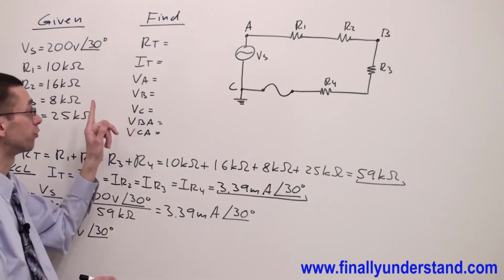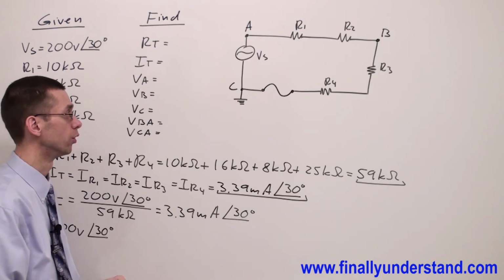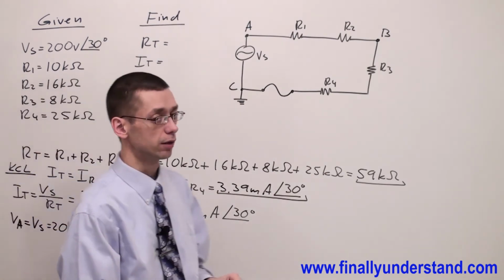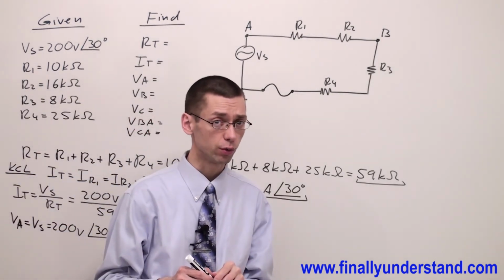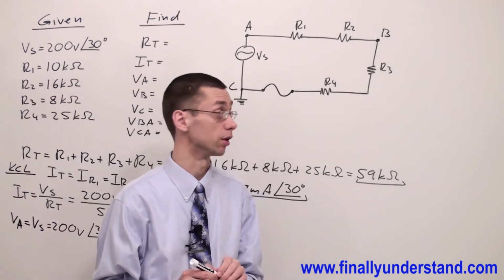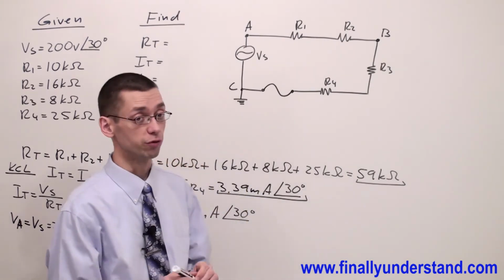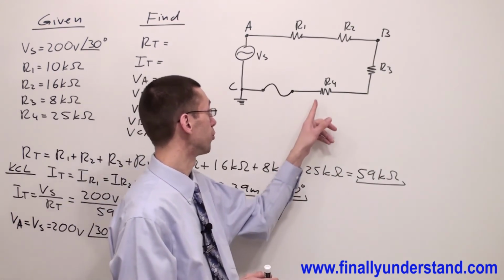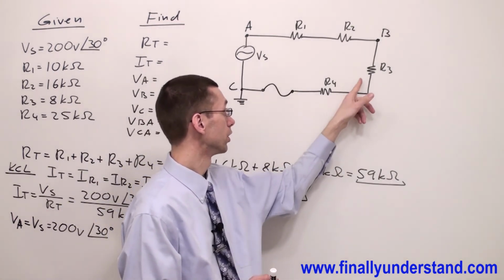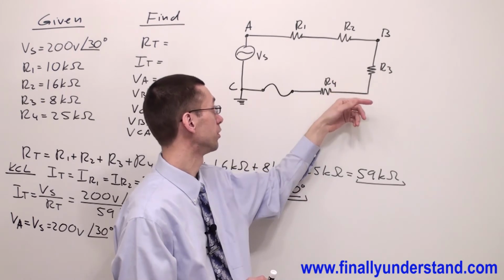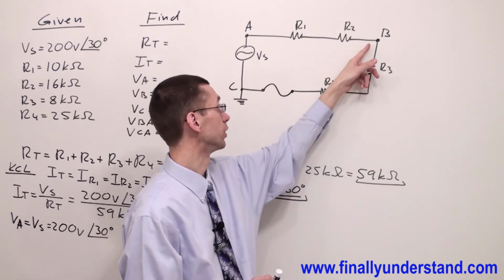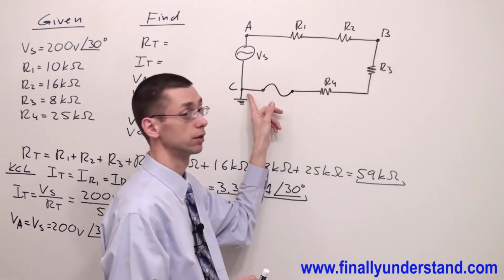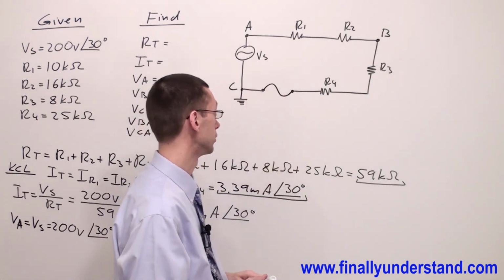Next, I'm supposed to find voltage B. Okay, in order to find voltage B, you're supposed to realize that we can use Ohm's law or we can use the voltage division law. I'm going to use the voltage division law. By finding the voltage drop across these 2 resistors, I'm going to simply find the voltage between point B and ground. How can I do that?